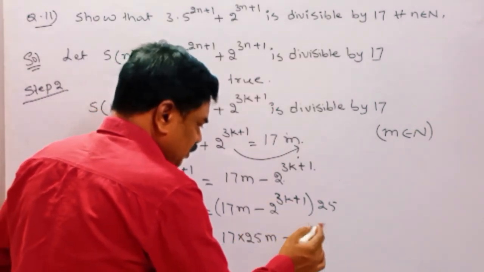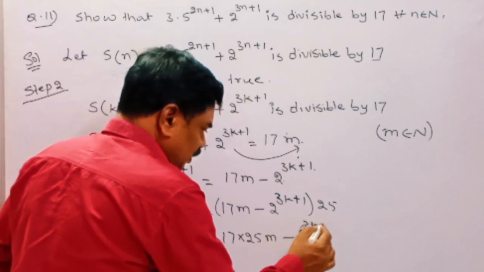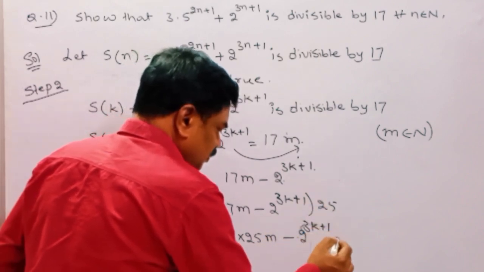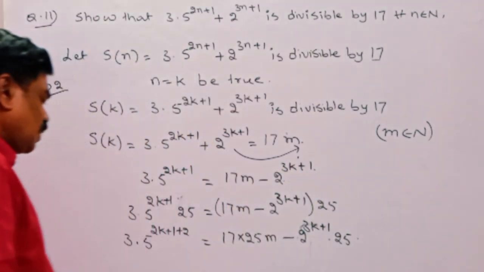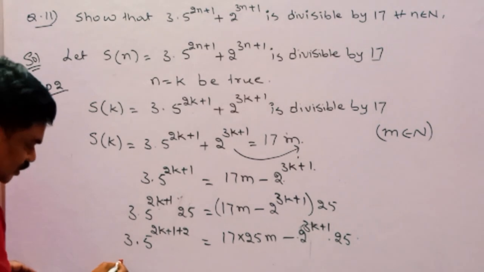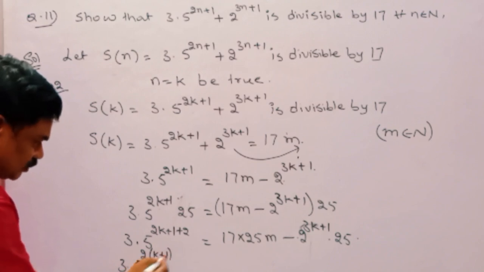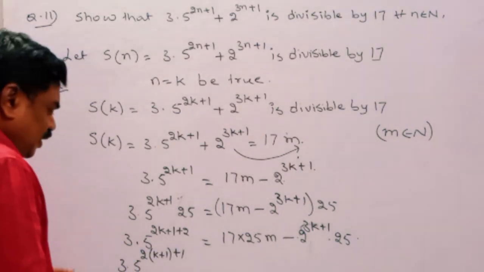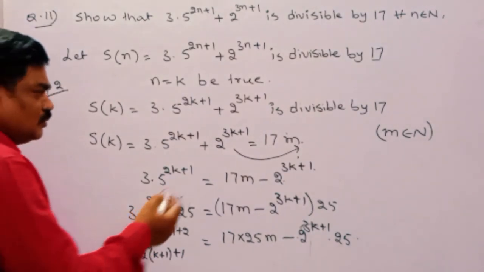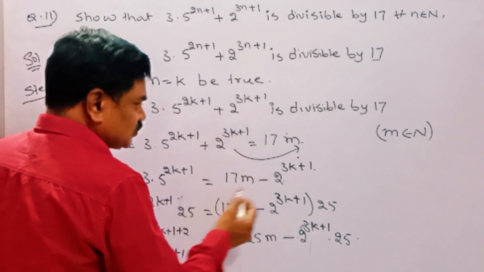2 power 3k plus 1 into 5 square, or 25. This is 3 into 5 power 2 of k plus 1 plus 1. Now on both sides add 2 power 3 of k plus 1 plus 1.